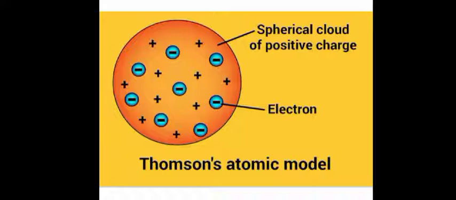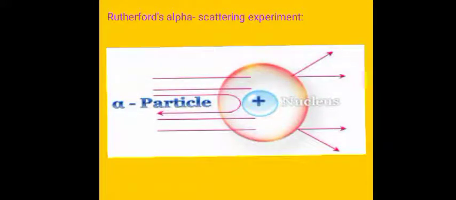The plum pudding model was later found incorrect, and Rutherford proposed an atomic model based on the Rutherford alpha scattering experiment. You have studied that he took a gold foil and bombarded it with alpha particles, where some of the particles just passed through the atom.